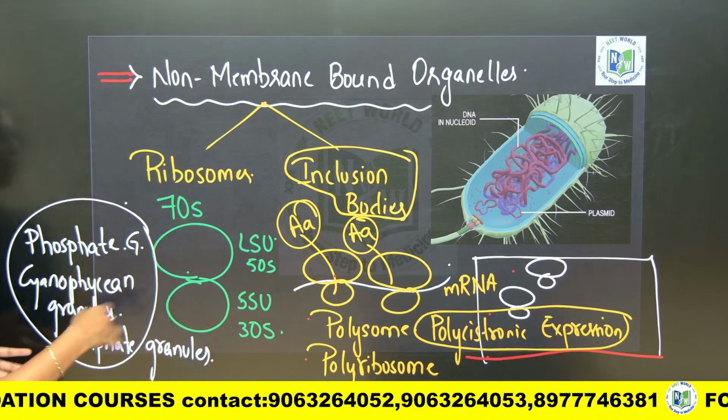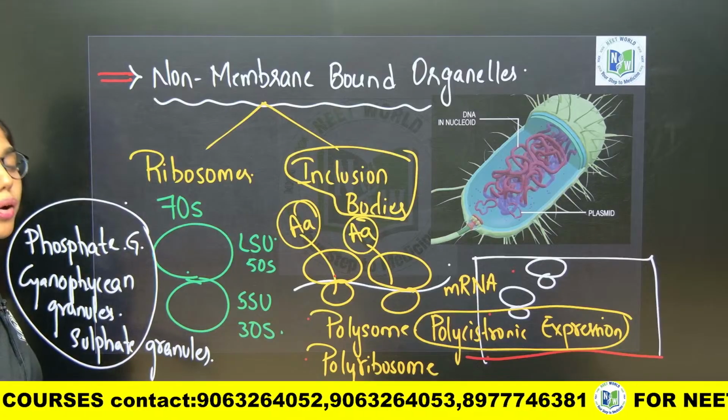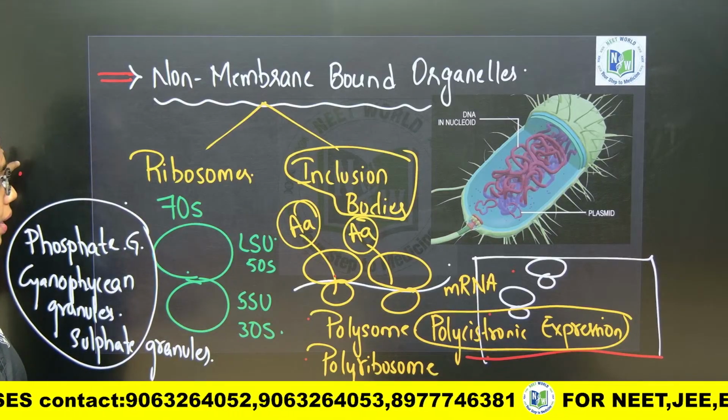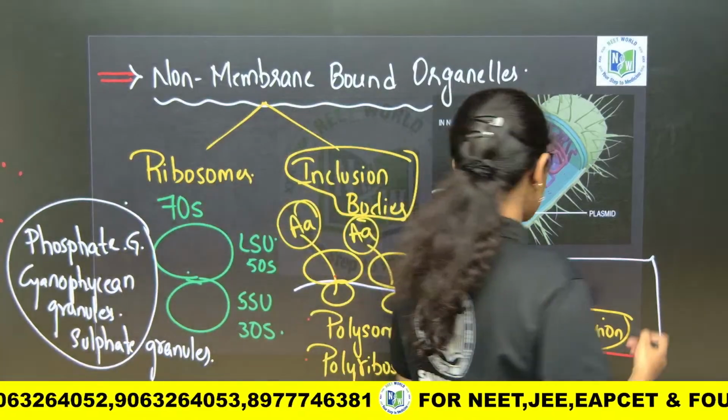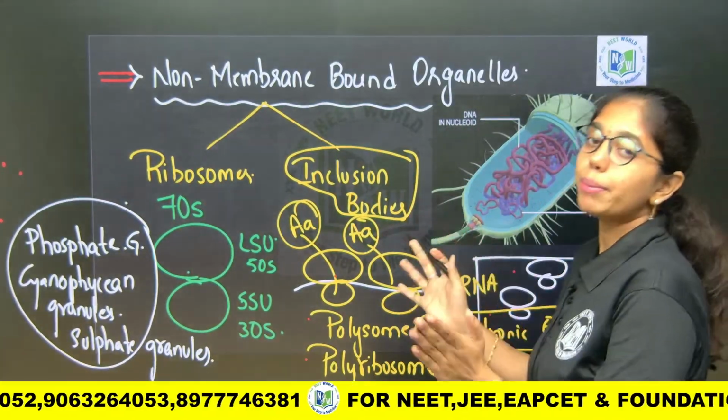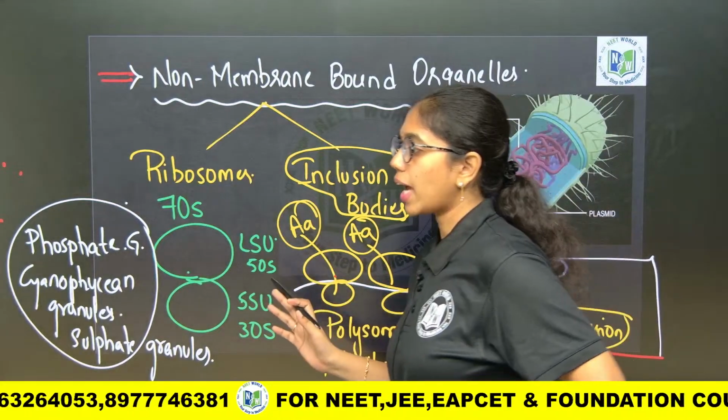These are different types of stored or reserved food materials present in the form of inclusion bodies in a prokaryotic cell. This is about non-membrane bound organelles in the prokaryotic cell.